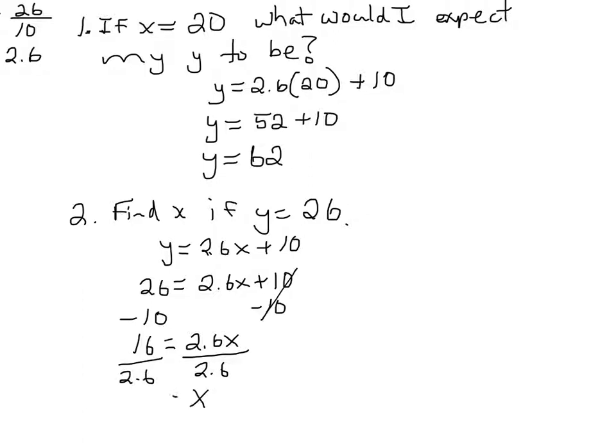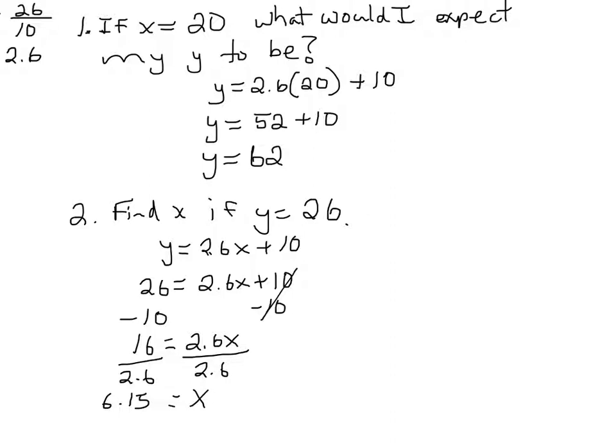And x is not going to equal a nice number. We'll call it 6.15. It doesn't have to be a nice number, and actually in this regression line stuff, it's not generally a nice number.